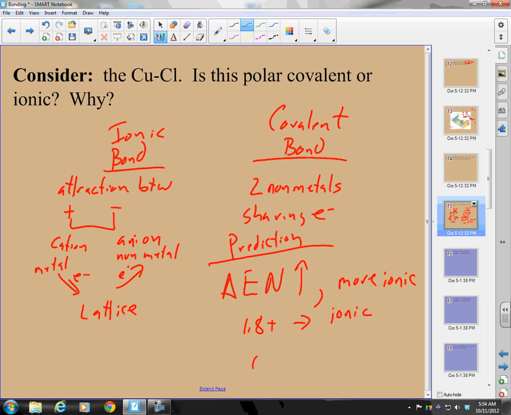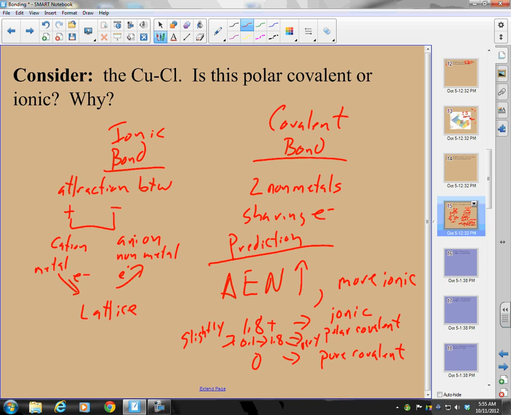If it's 0, we say that this is pure covalent, and that means complete, equal sharing. And if it's in between, from 0.1 to 1.8, we'd say this is polar covalent. On the low end, it's slightly polar, and on the high end, it's very polar.